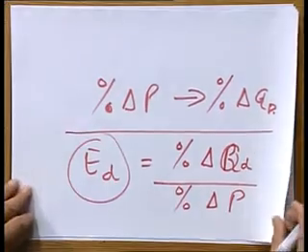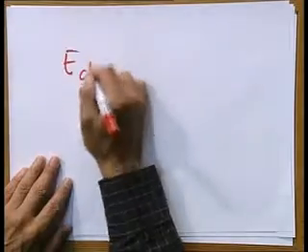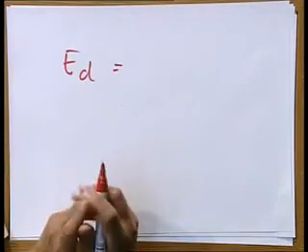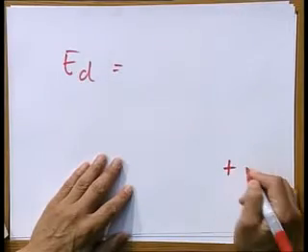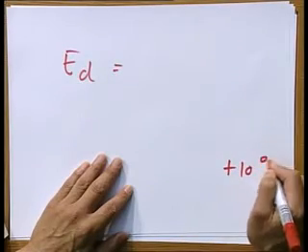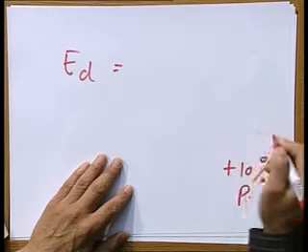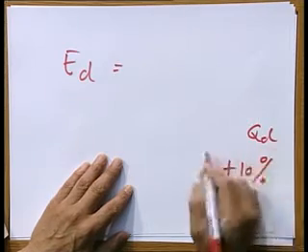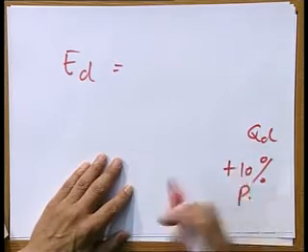So if you apply that formula using some numbers, say for example, if the price goes up by 10%, what will happen with the quantity demanded? According to the law of demand, it will decrease.